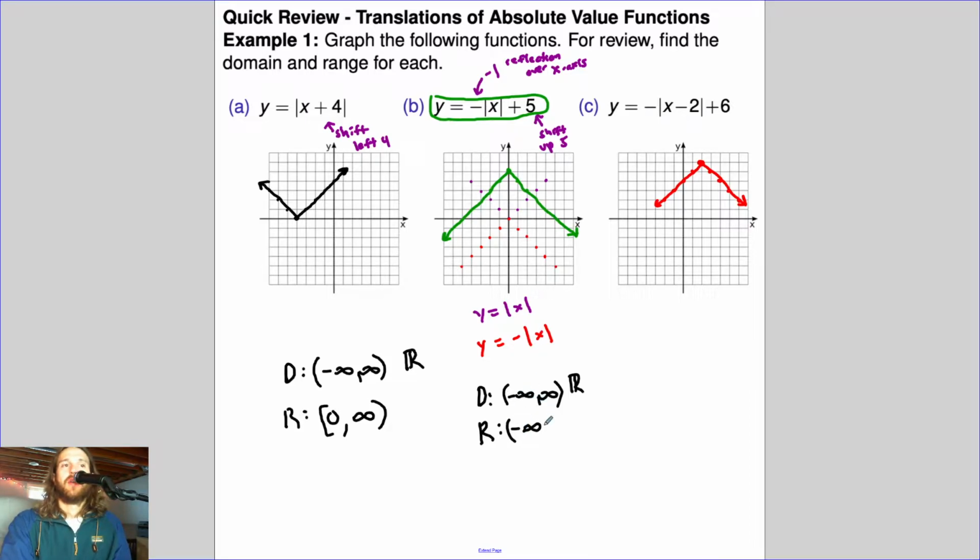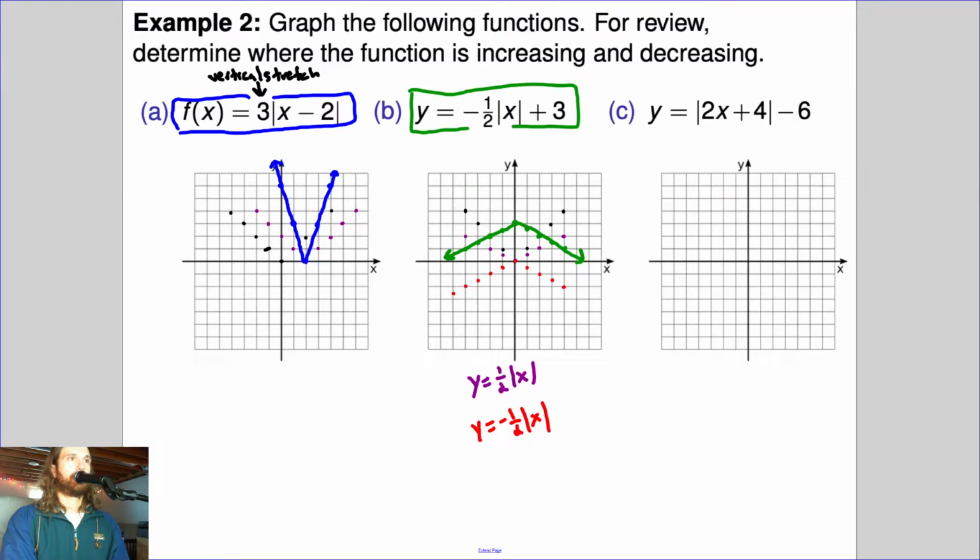And then it goes up to a maximum of 5, which is included. Okay, and lastly, all reals for the domain. And the range, lowest, there is no lowest, so -infinity up to 6, which is included. This is fun.